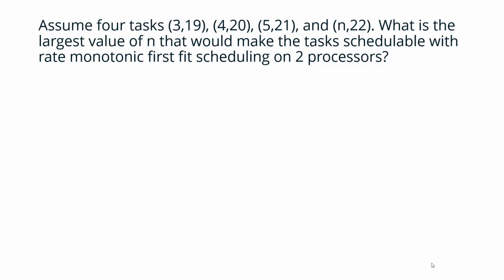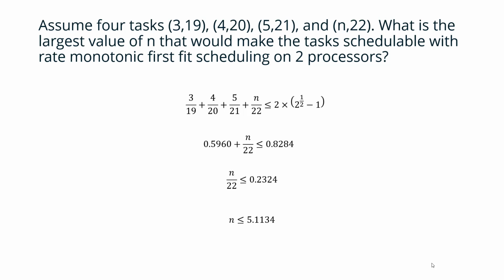Assume 4 tasks. What is the largest value of n that would make the task set schedulable with rate monotonic first fit scheduling? So this is the one where you basically just calculate the bound. So you calculate the utilization, and you check to see if the utilization is less than or equal to 2 times the square root of 2 minus 1, where this 2 is the number of processors, right?